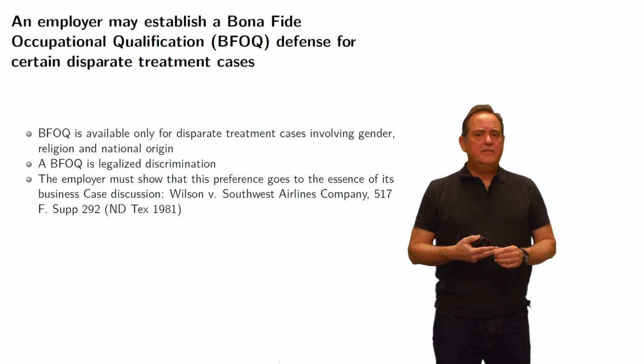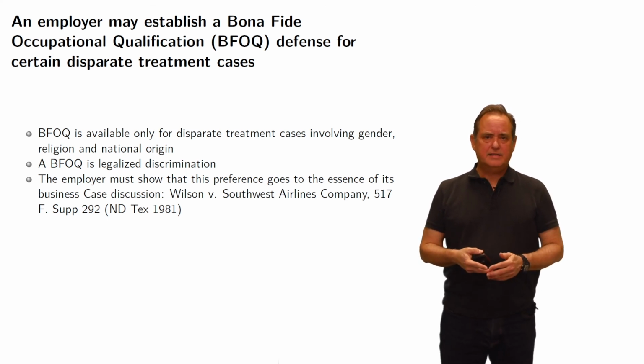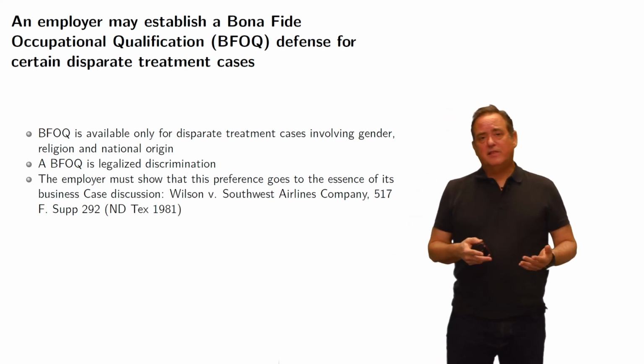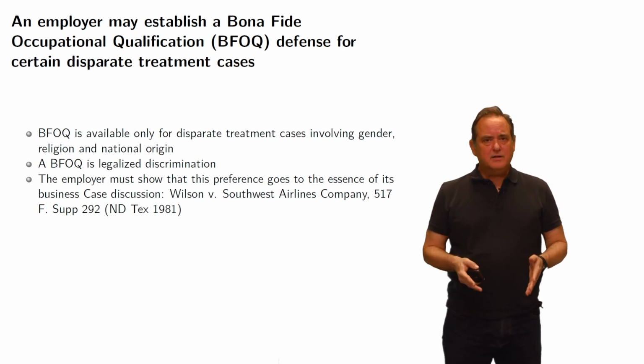And if you know anything about airlines, you know that airlines traditionally hired only female flight attendants. And we'll see a number of flight attendant cases in here when we talk about discrimination, because that was a case where clearly it was disparate treatment.